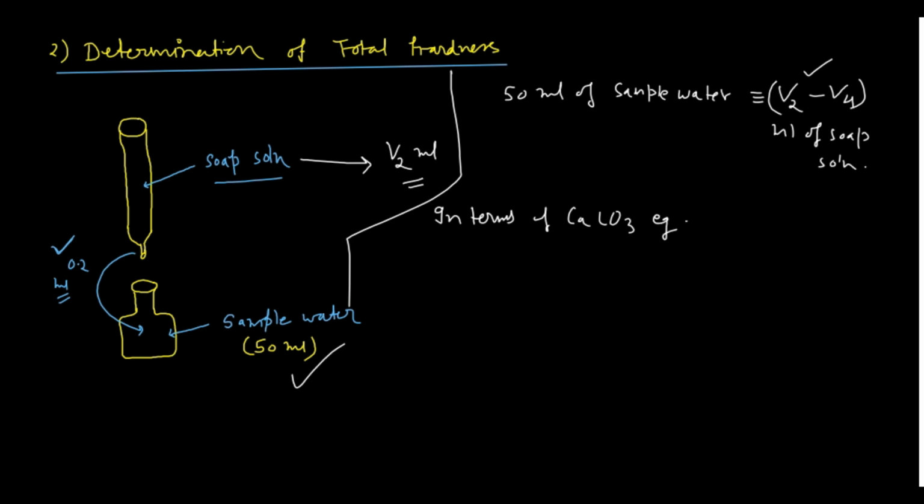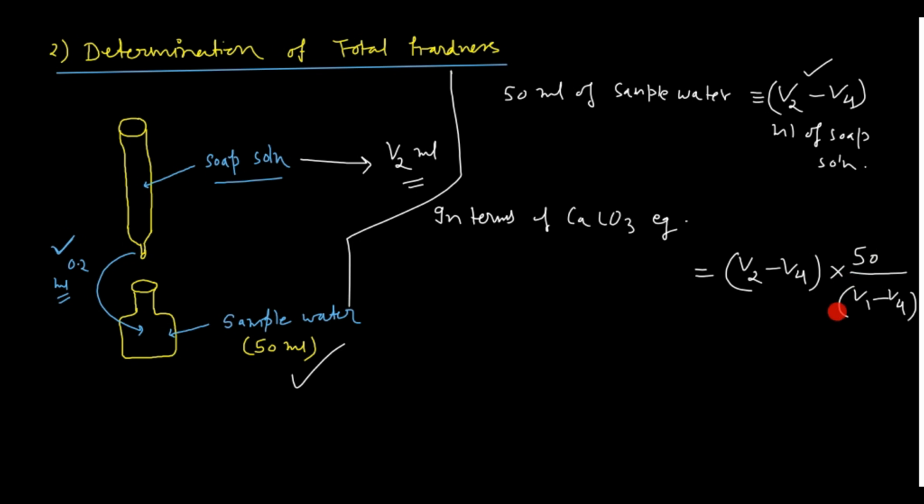For this, this is equal to V2 minus V4, and this value will be multiplied by 50 divided by V1 minus V4. And this is again very important.